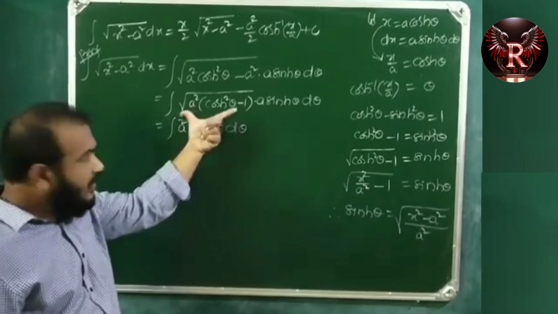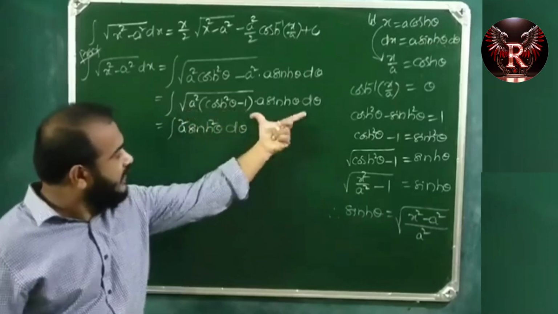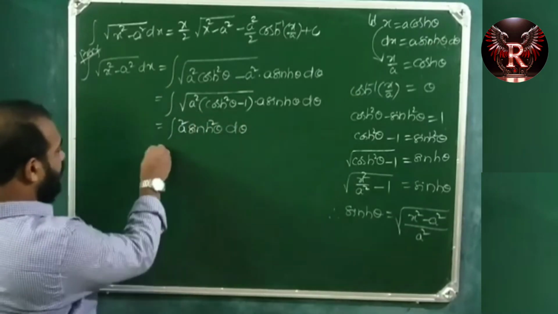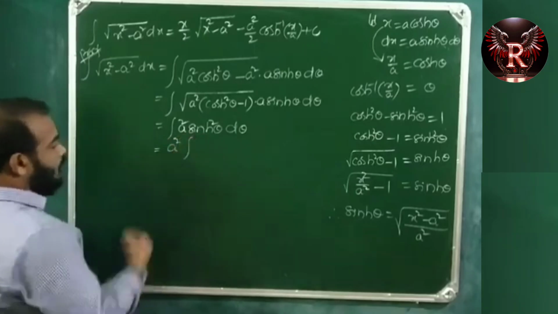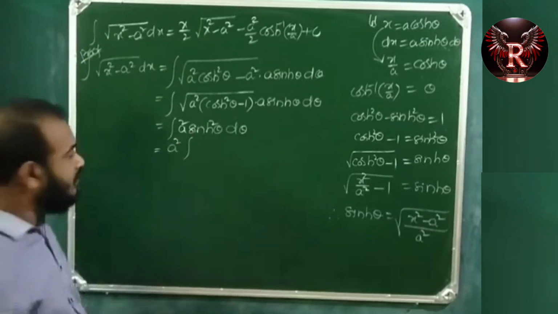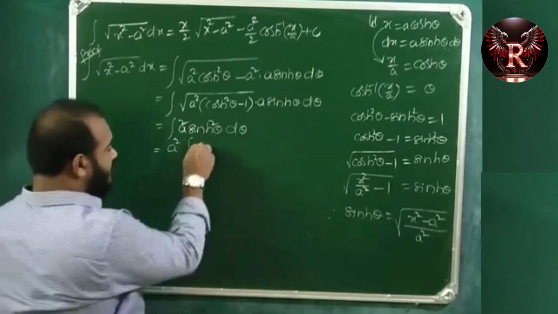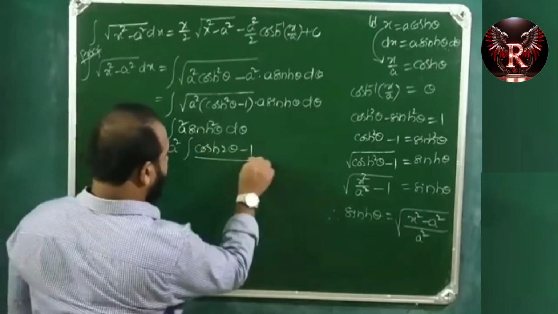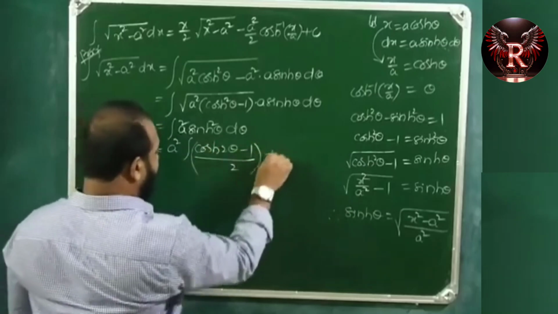The square root gets cancelled. So a sinh theta into a sinh theta is a square sinh square theta d theta. So a square, the constant can be taken out of the integration, into sinh square theta, which is cosh 2 theta minus 1 by 2, whole d theta.